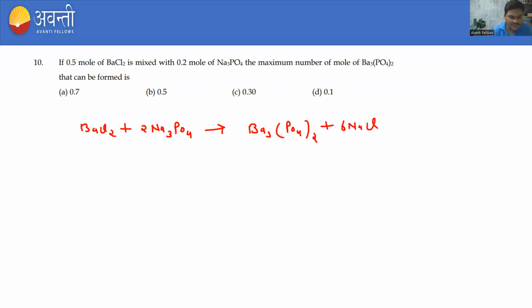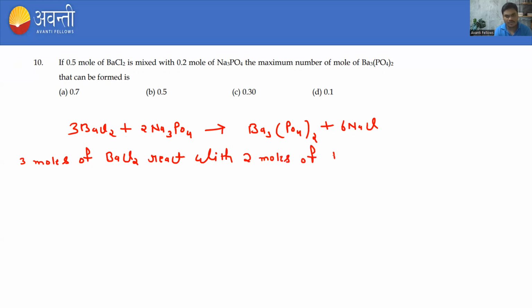Now, it is very much clear from this balanced equation that 3 moles of BaCl2 react with 2 moles of Na3PO4 to give 1 mole of Ba3(PO4)2. Right?